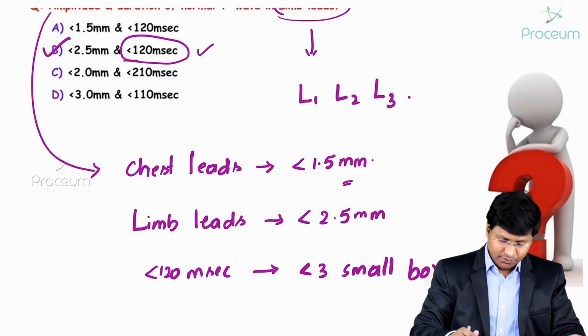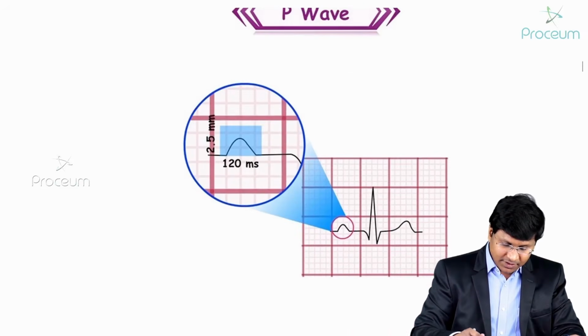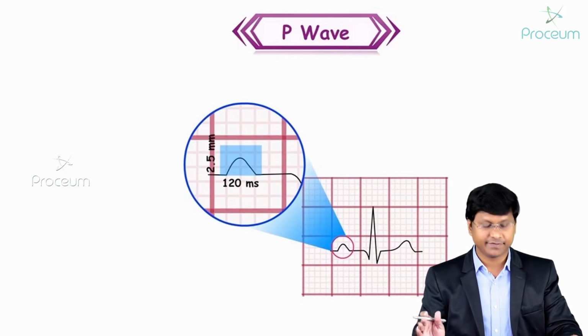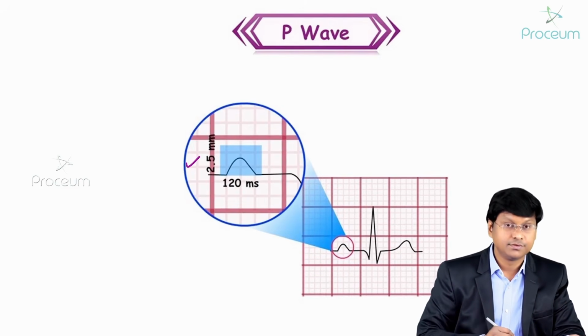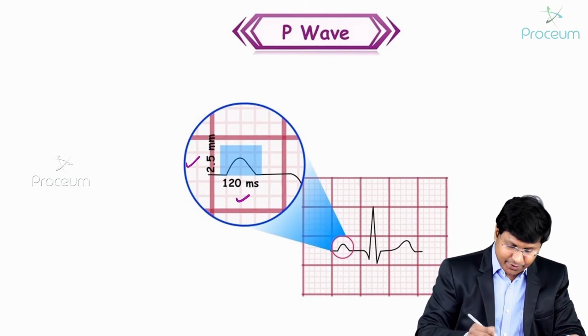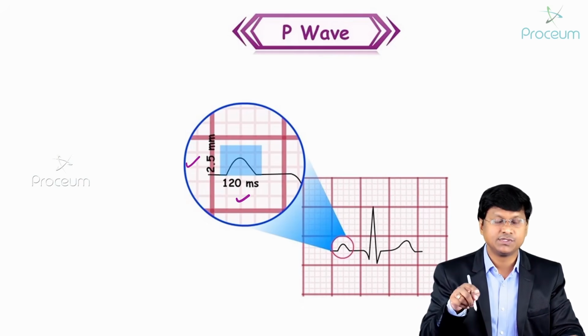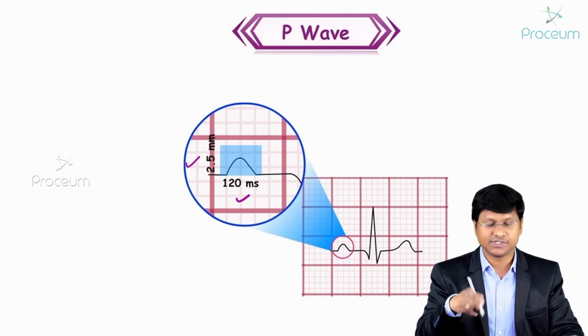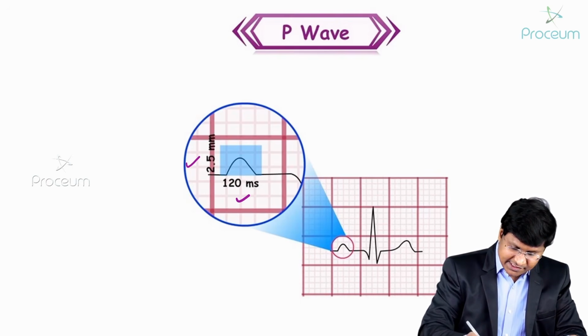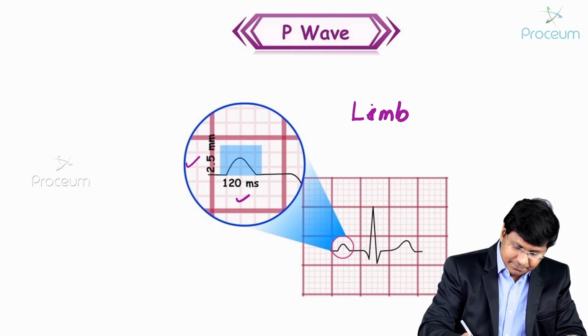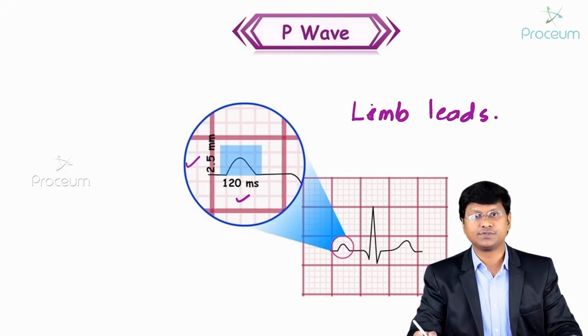So for the normal P wave, the amplitude is less than 2.5 mm and the duration is less than 120 milliseconds. Duration is on the x-axis and amplitude is on the y-axis, in the limb leads.